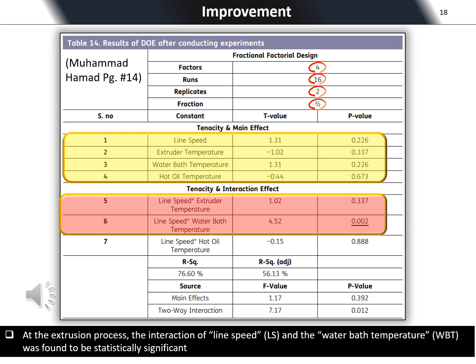Results of DOE after conducting experiments. Fractional factorial design: factors 4, runs 16, replicates 2, fraction half. At the extrusion process, the interaction of line speed and the water bath temperature was found to be statistically significant.